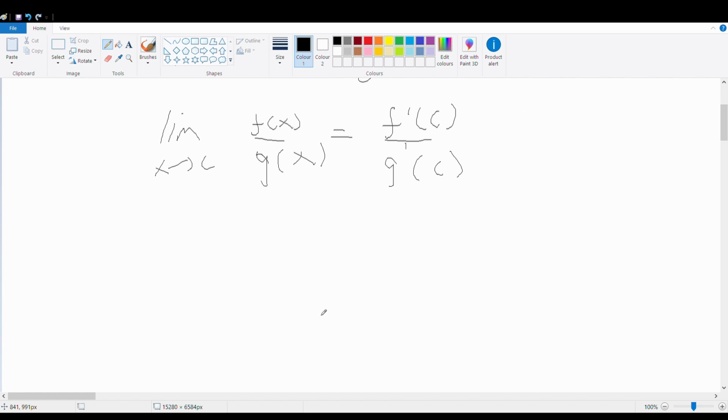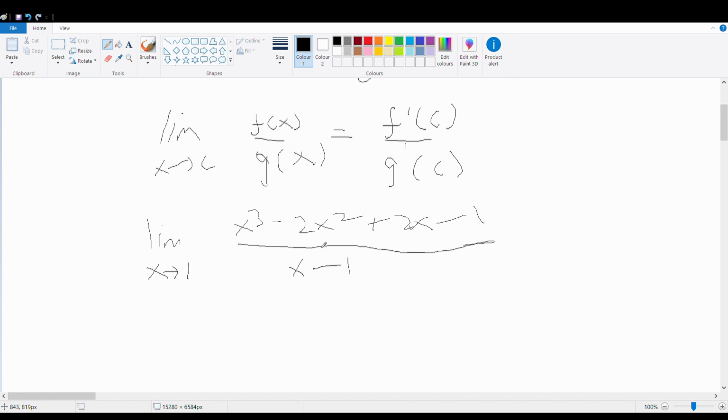To give you an example, let's take the limit as x tends to 1 of x cube minus 2x square plus 2x minus 1, the whole divided by x minus 1.